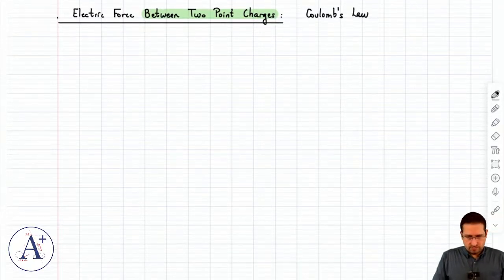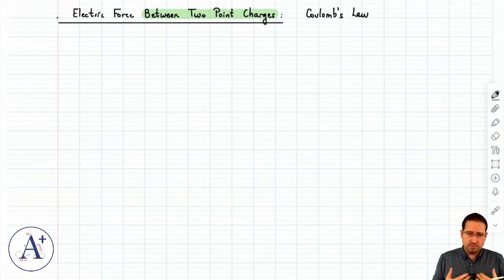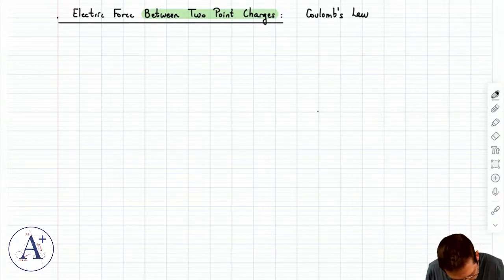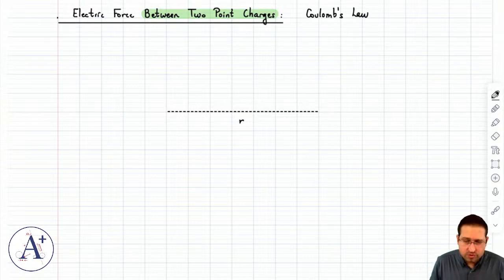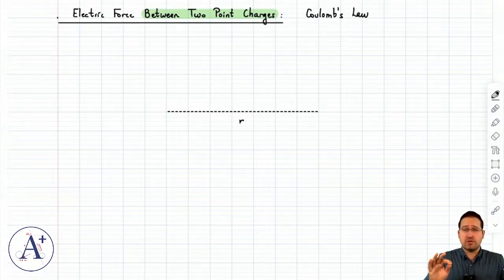But Coulomb's law is one of the first laws that we learn, and it has to be emphasized that it is only valid between 2 point charges. So let's think about this the following way. Let's define a distance r between 2 points. And at each extremity of the dotted line, I'm going to put a point charge.